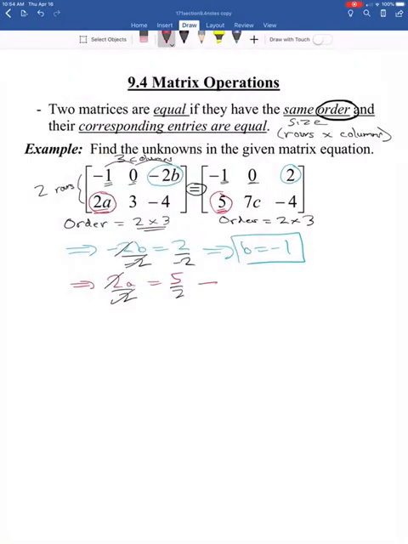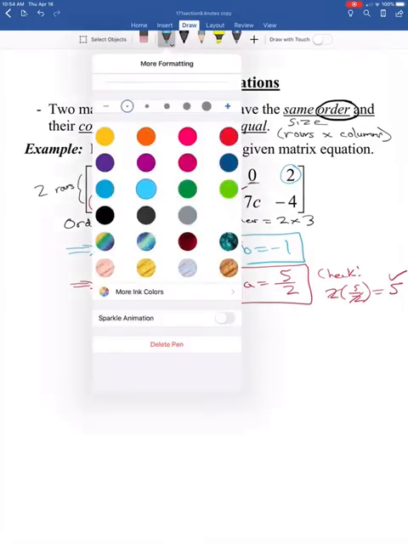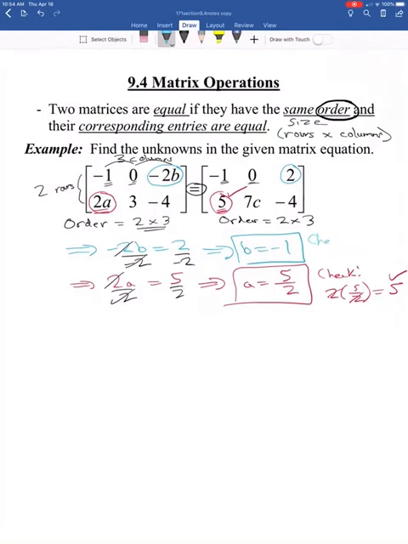We come up with a equal to 5/2. So here's another unknown, another variable. Again, if we were to check our answer, we know that 2 times 5/2 is equal to 5, which is what we want. We need 2a to equal 5. And it checks. So again, you can always check it. Plug it back in to do your check step. So just like earlier with -2 times b, -2 times -1, it equaled 2.